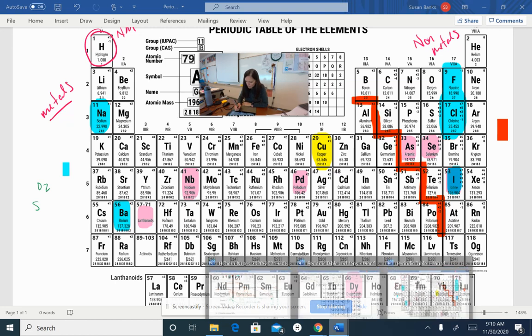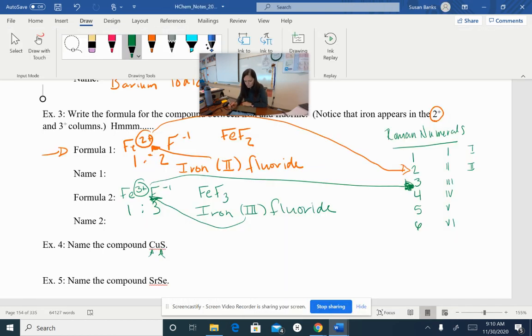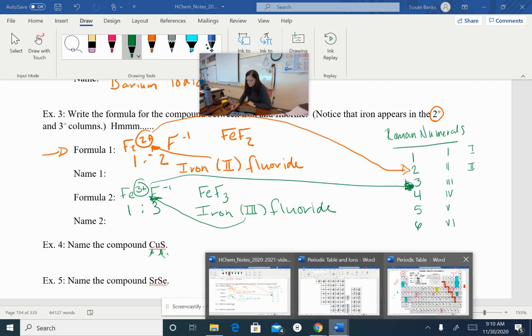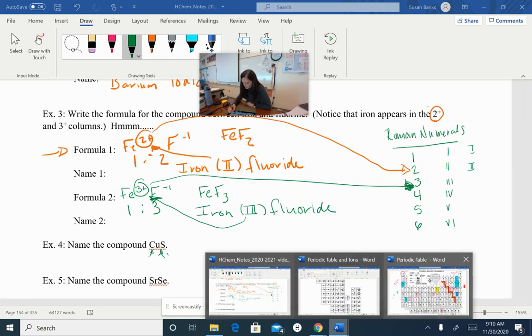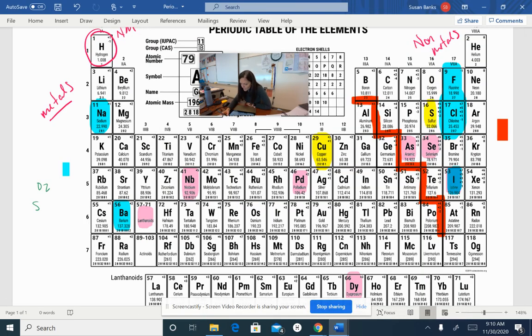So we see this is bound to sulfur. Sulfur is in our -2 charge area. So sulfur has a -2 charge.